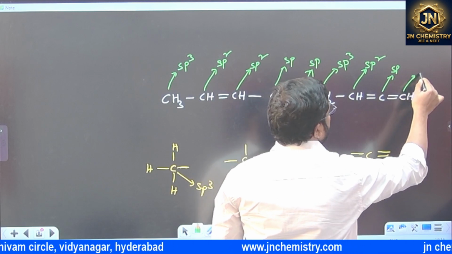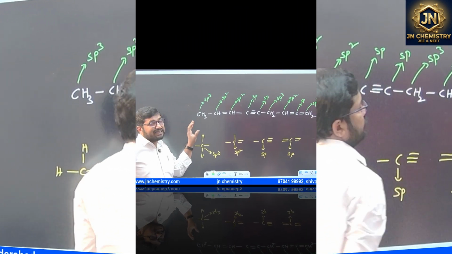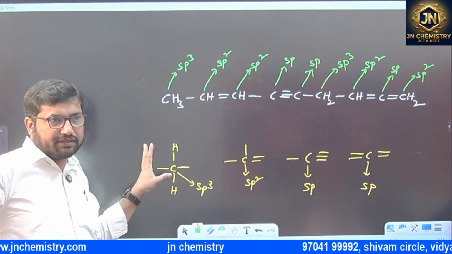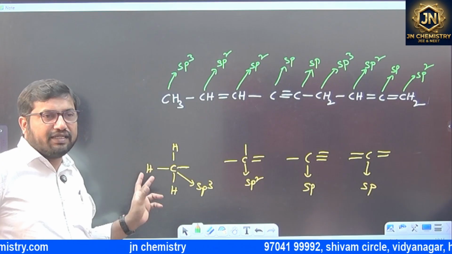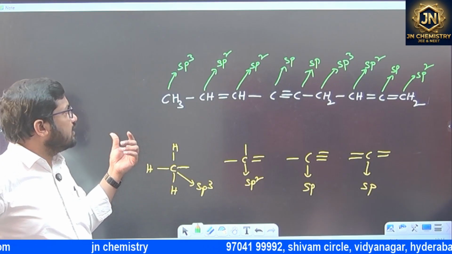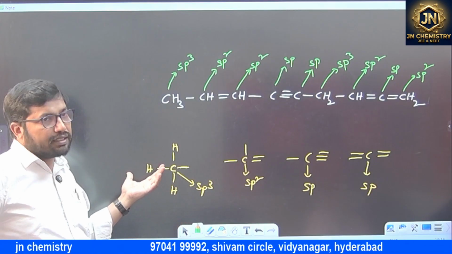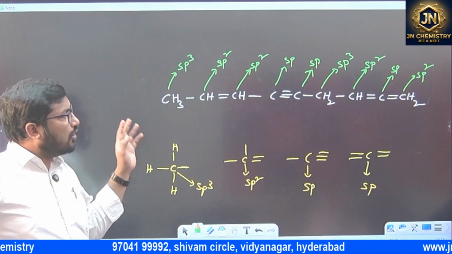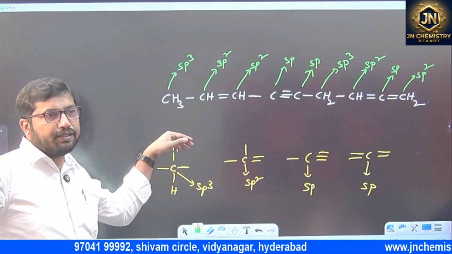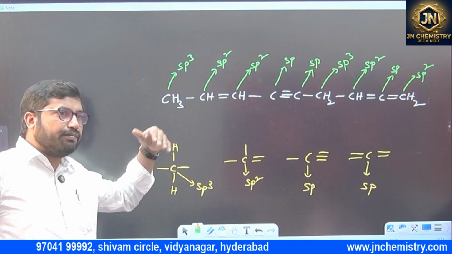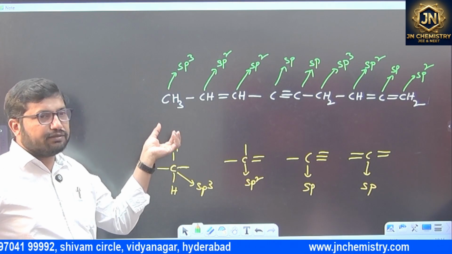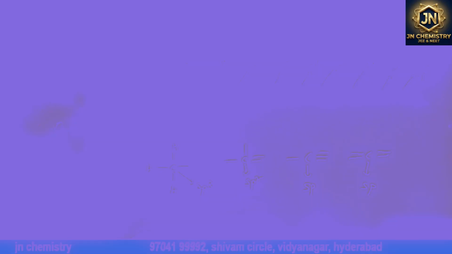This is sp2. These are actually easy concepts, but they do not ask hybridization directly. So they ask how many sp bonds, how many sp2 bonds, how many sigma bonds, how many pi bonds, the ratio of sigma and pi bonds, and that number is multiplied by 5, what is the number?